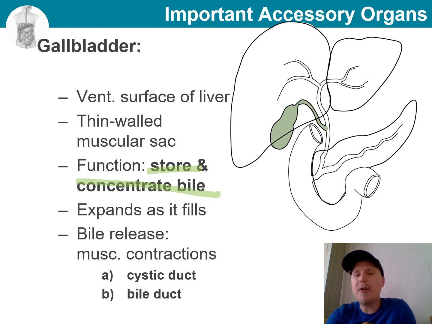This is done by absorbing water and ions. We also see that its structure with its many honeycomb folds allows it to expand significantly as it fills. And then finally, the release of bile happens through muscular contractions, which lead the bile to be released to the cystic duct, which then flows into the bile duct.